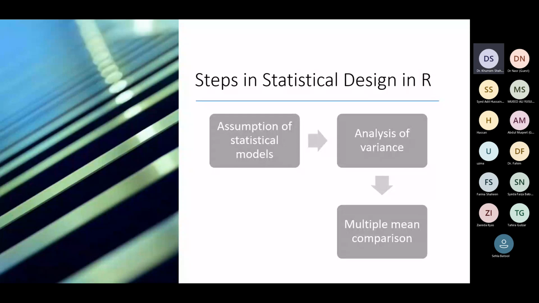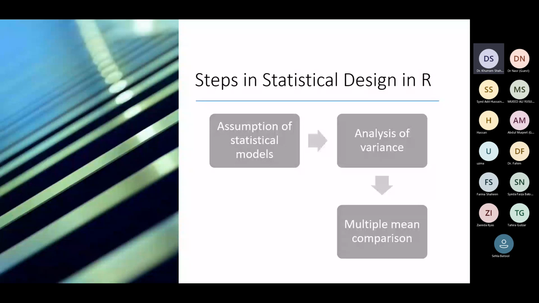Okay. Then the main thing is, when we do statistical analysis in R or in other software, three things are very important if you want the right conclusions from your data. Normally we see that some people do not follow the assumptions of statistical models and directly move to the analysis of variance and then the multiple comparison test.